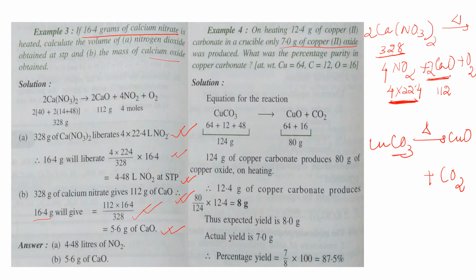Now, you have to find out the molecular mass of copper carbonate. It is coming 124. And copper oxide, it is coming 80. Now, 124 gram of copper carbonate produces 80 gram of copper oxide.